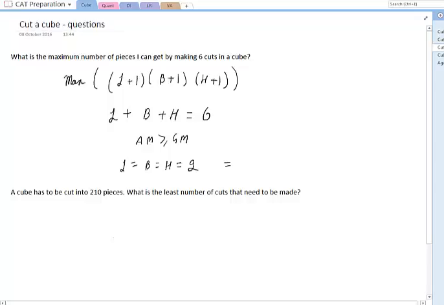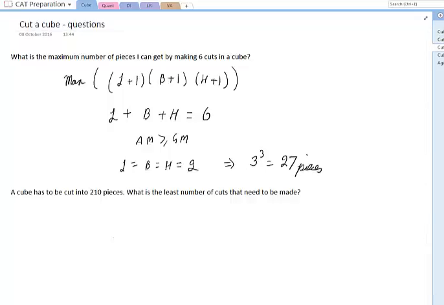And for that case, the number of pieces would be (L plus 1) into (B plus 1) into (H plus 1), which will be equal to 3 cube or 27. So 27 pieces. So this draws on your knowledge of maxima and minima. If you're not sure how this is working, maybe you should go ahead and revise that part of quant.